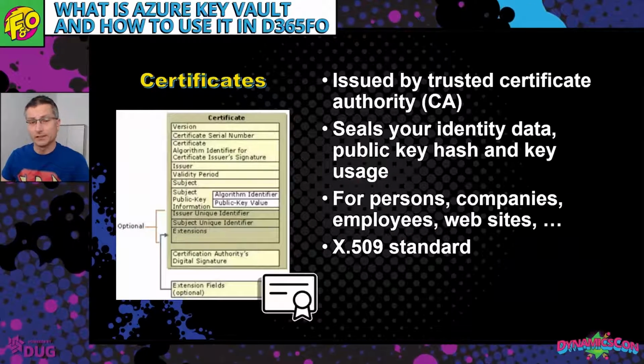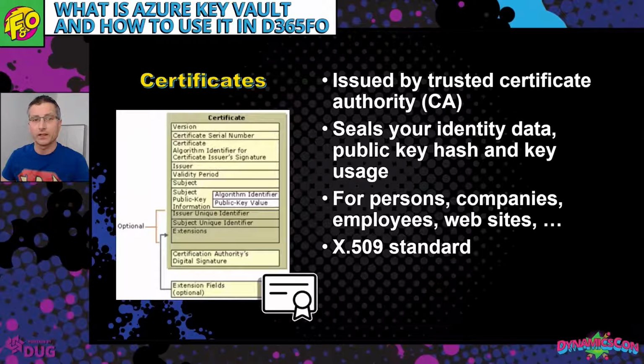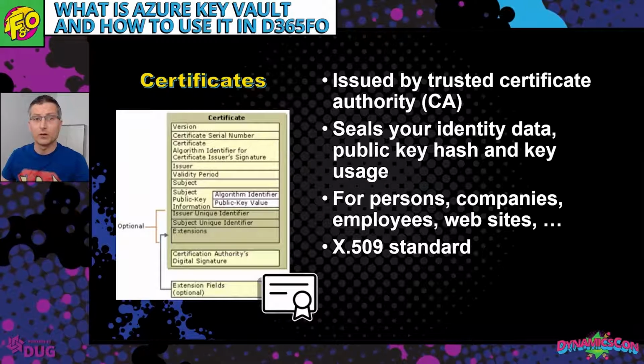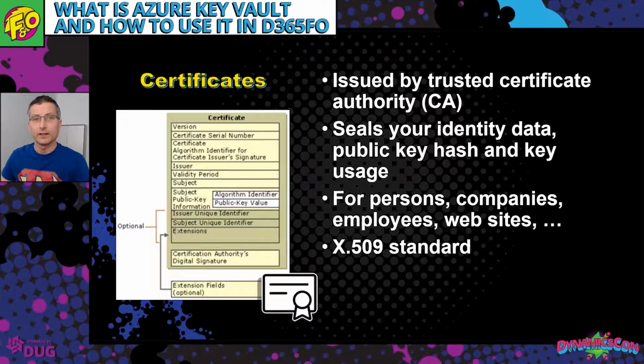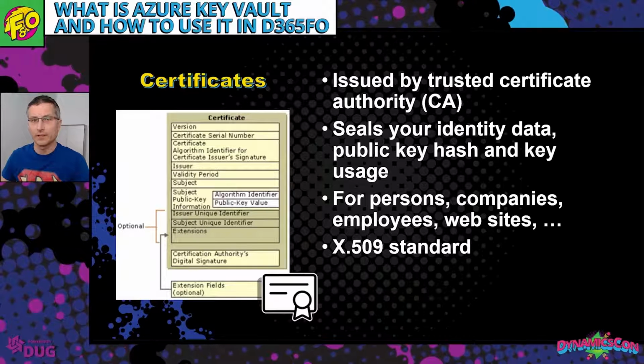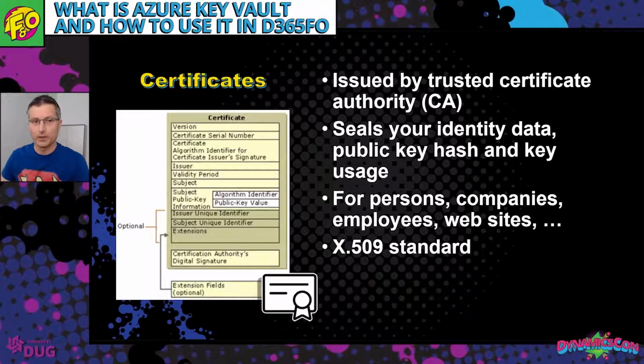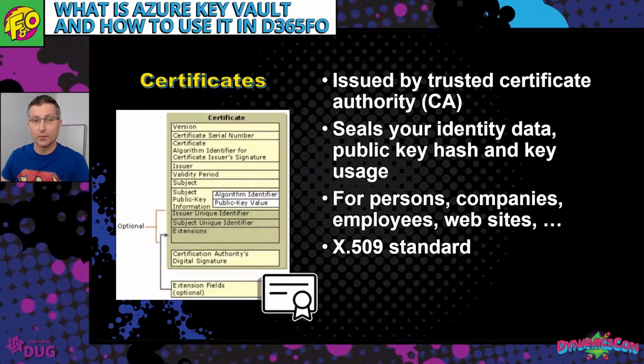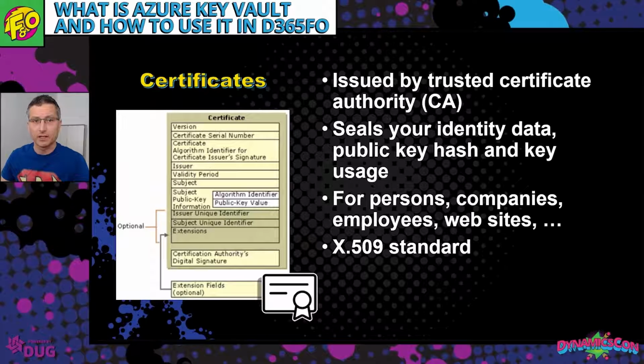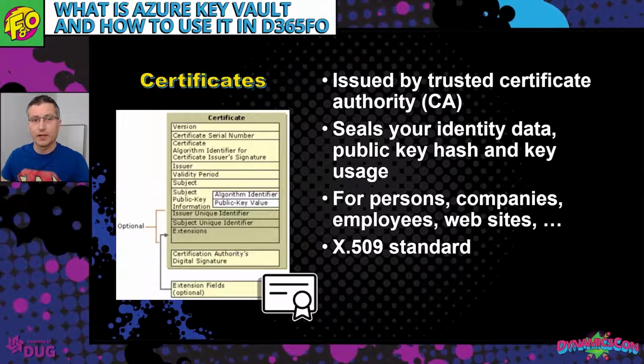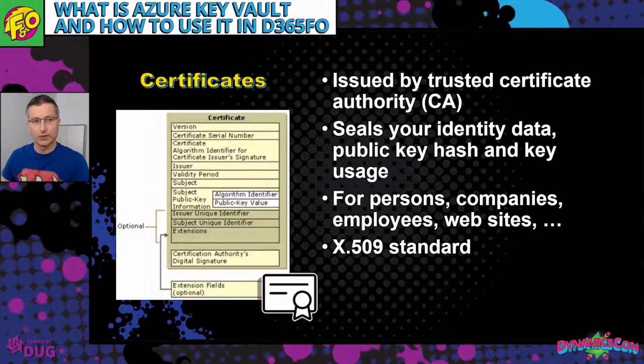So what is a digital certificate? A digital certificate, also known as a public key certificate, is an electronic document proving the identity of a key owner. It contains various data about the owner, public key digest, intended key usage, and a signature of the certificate authority.